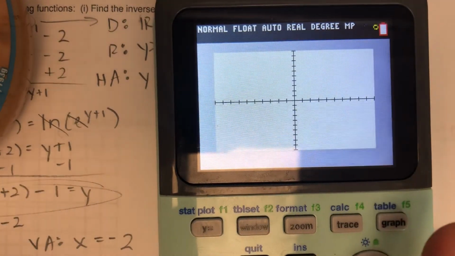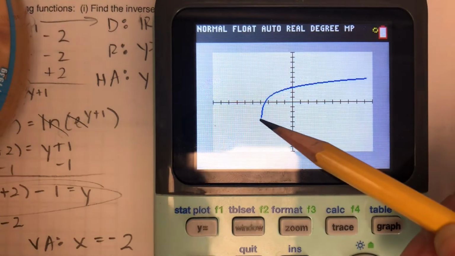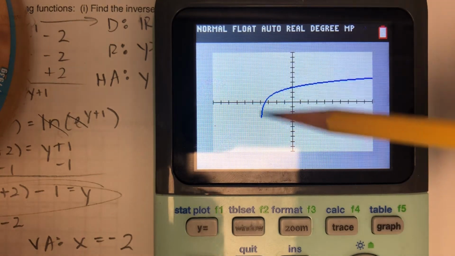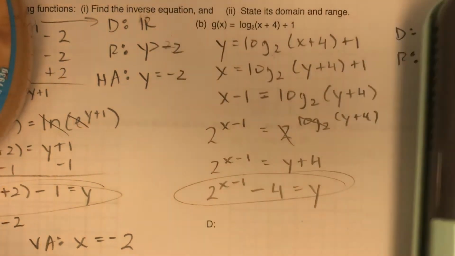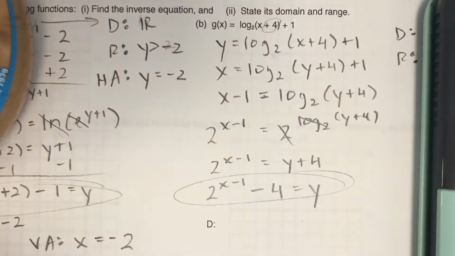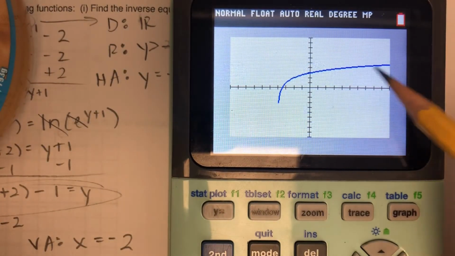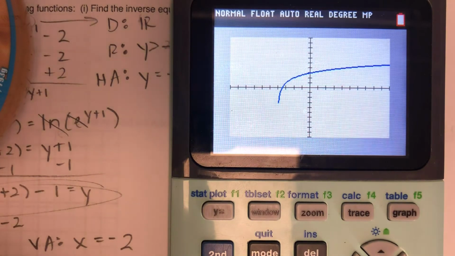So if I just graph this, again, because I'm graphing a log, it makes it look like it just sort of stops there, but that's not actually the case, all right? So I have a vertical asymptote occurring at -4, all right? And you can kind of see that here. Vertical asymptote occurring at -4. This graph is going to continue downwards towards infinity. It's just really hard to see it.